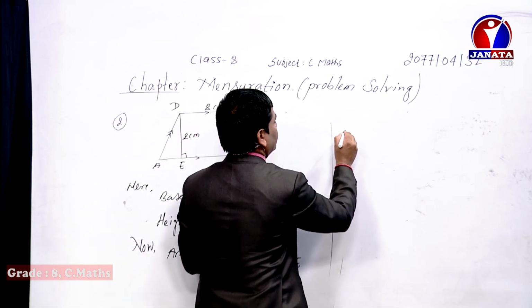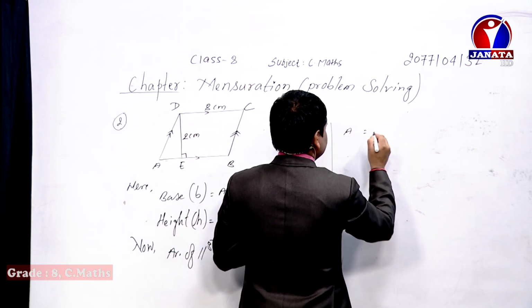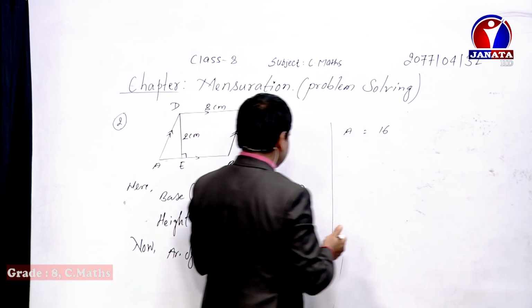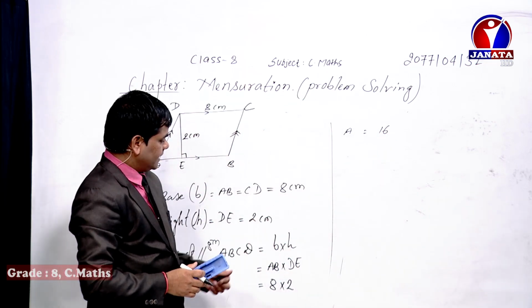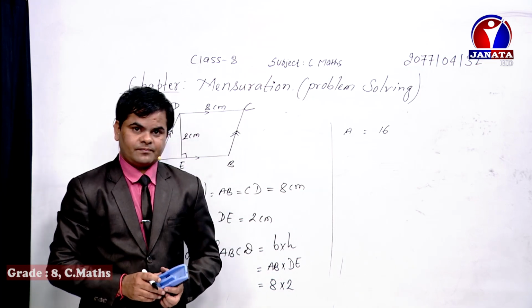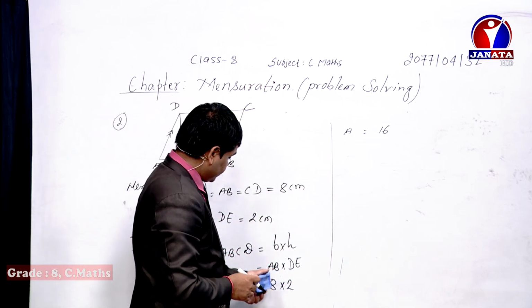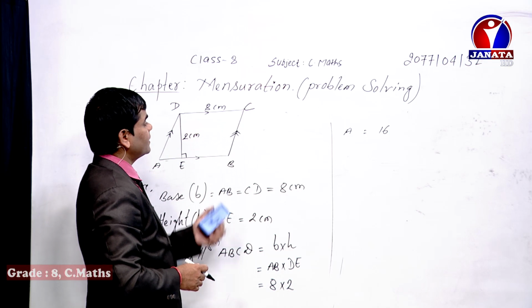Altogether we got the area of parallelogram as 8 times 2 is 16. In the meanwhile we don't need to write the unit. At last, at the conclusion, it is better to write the unit. The unit used here is centimeter.